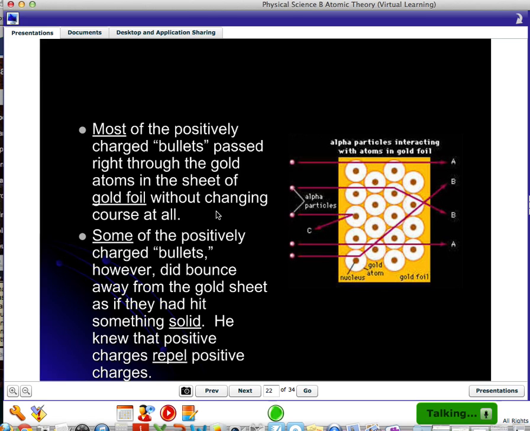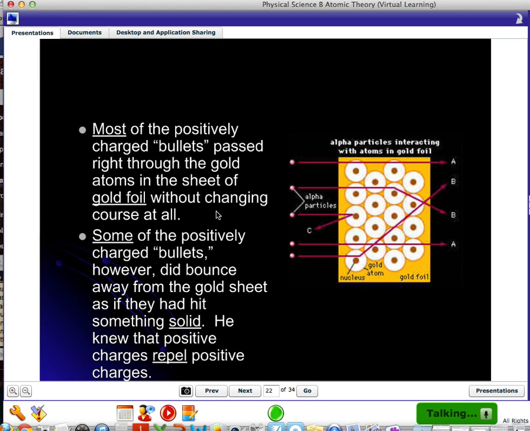But what he didn't expect was that some of these charges bounced away as if they hit something. He knew that positive charges repel positive charges. So what he's saying is there's a lot of space where these positive particles can fly through the gold sheet, but at some point, in some of those spaces, they were repelled and bounced off the gold.